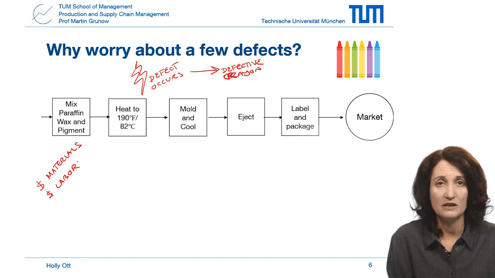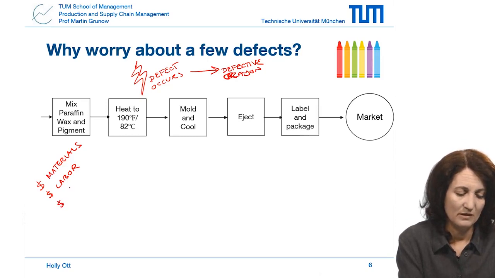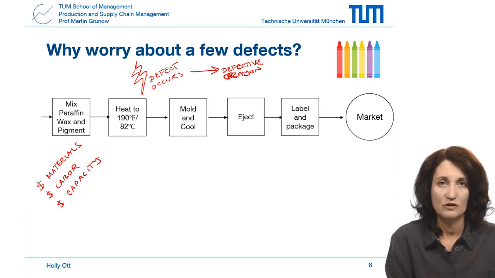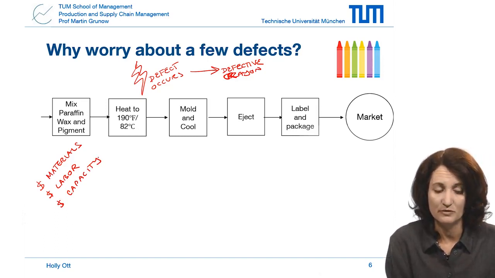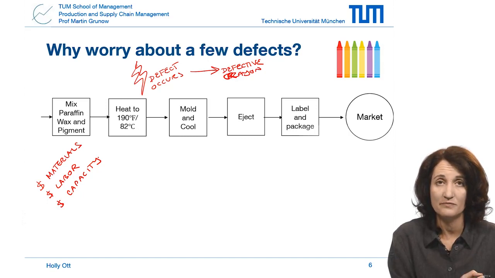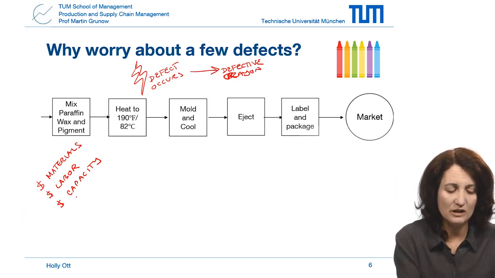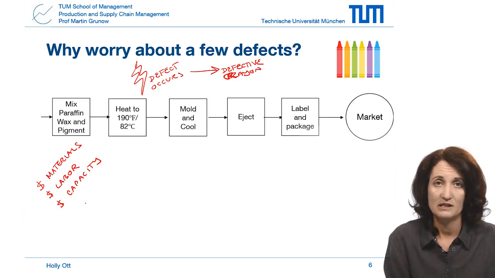Now, the other interesting thing is if we have a process where we have a high demand and we have a capacity constrained process, then, well, in both cases, even if it's not capacity constrained, we're using up capacity on machines. We're using up the energy costs, for example, for heating up the mixture. The molding machine, we're molding products that could potentially not sell. So the capacity is being used up.